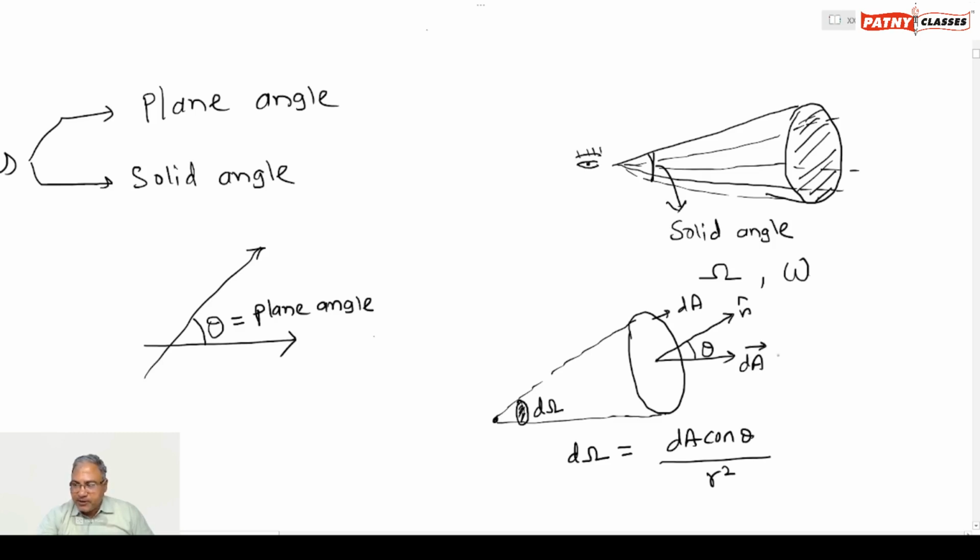So it is an area vector. And what is R? R is nothing but the distance of this solid from the point of observation. R is the distance between the solid and the point of observation. So solid angle is given by d omega equals dA cos theta upon r square.